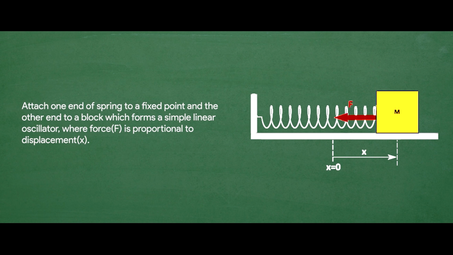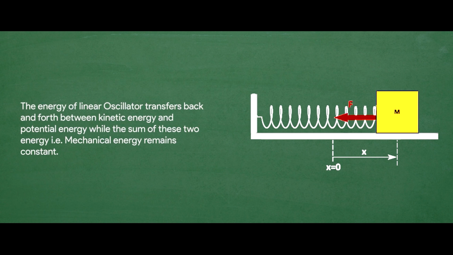I'm sure you are going to use this model when you'll be doing practical classes in class 12 as well as in 11th grade. Okay, after having learned the design of a simple harmonic oscillator, let's see how we can calculate the energy in this model. The energy in a linear oscillator transfers back and forth between kinetic energy and potential energy, while the sum of the two, that is mechanical energy, remains constant.